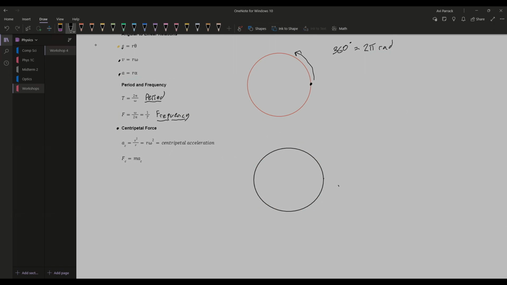I'm sorry, this is the angular acceleration: at what rate is the angular velocity changing, increasing? So how fast is this circular motion speeding up or changing in speed?